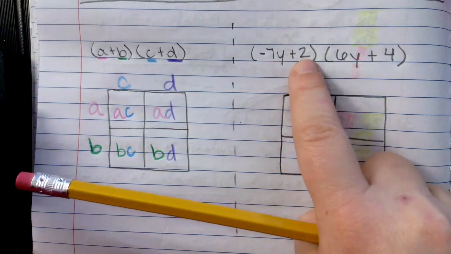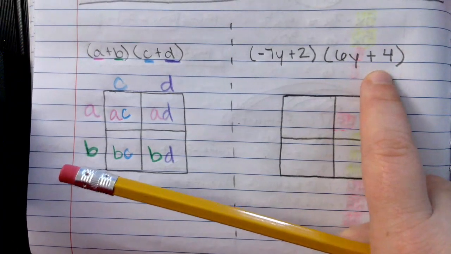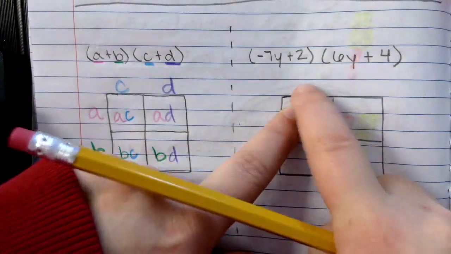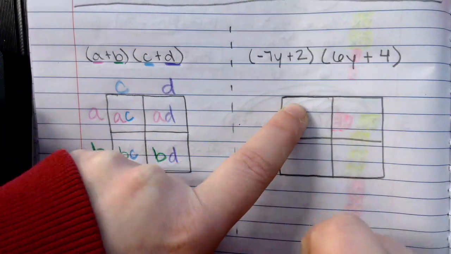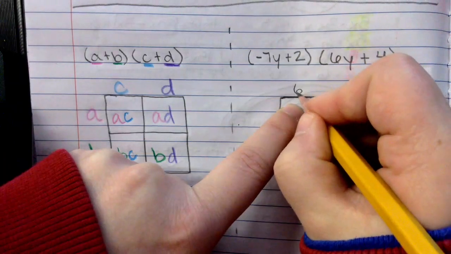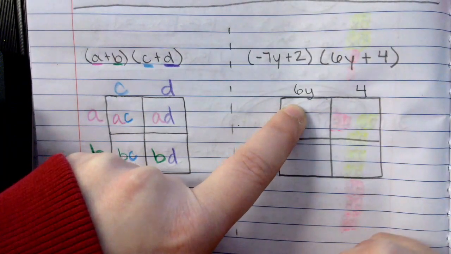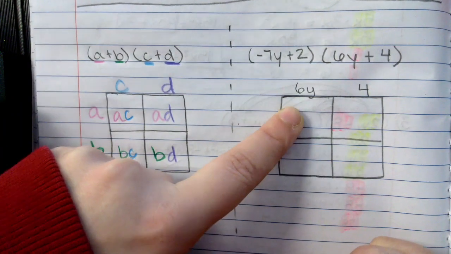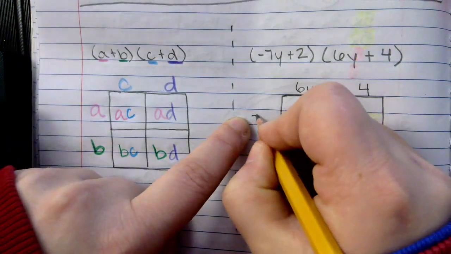Negative 7y plus 2 or 6y plus 4? You want the 6y plus 4 here? Okay, 6y plus 4. And then what's going to go across this front? Negative 7y plus 2. And we can start with whichever one makes us the most happy.